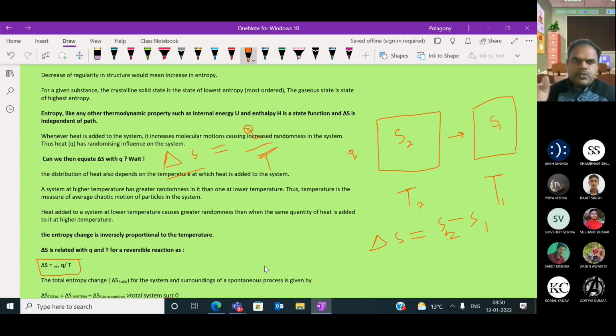So W minus Q equals the internal energy change. That was the discussion. But what was the defect of this first law of thermodynamics? Can anyone guess the defect?